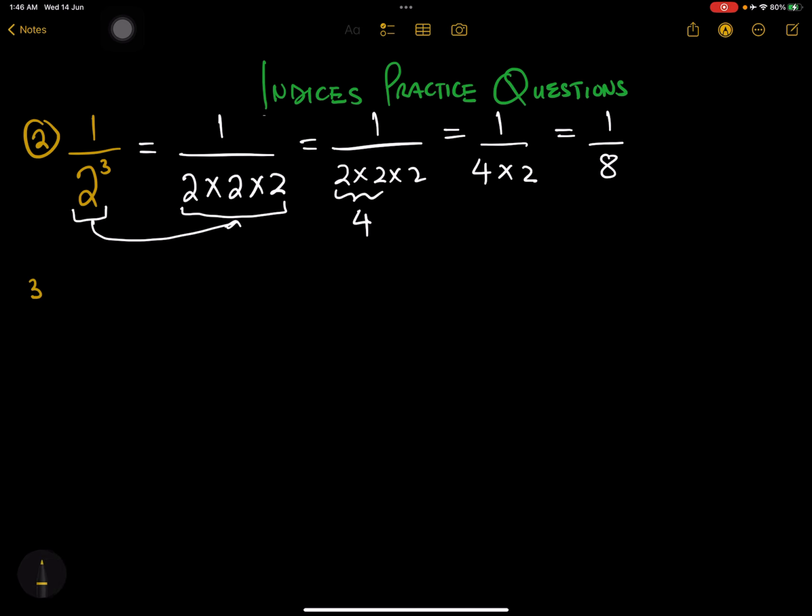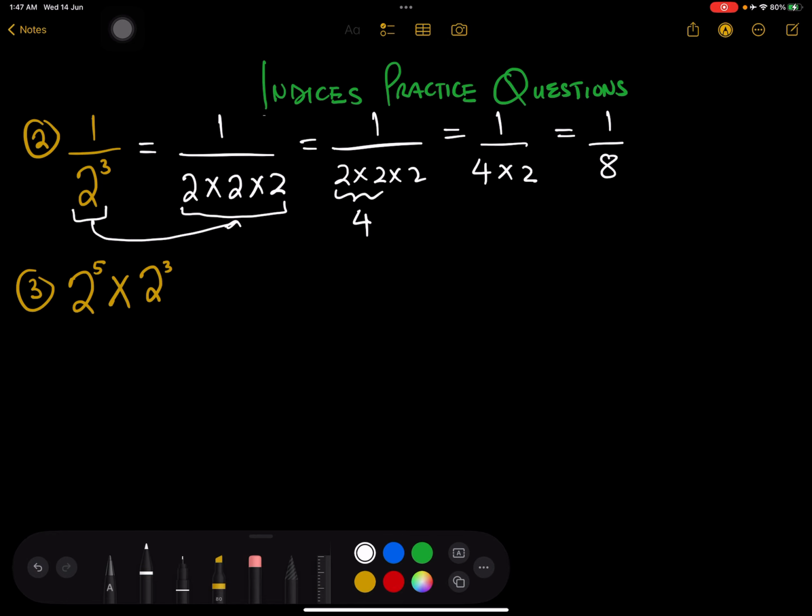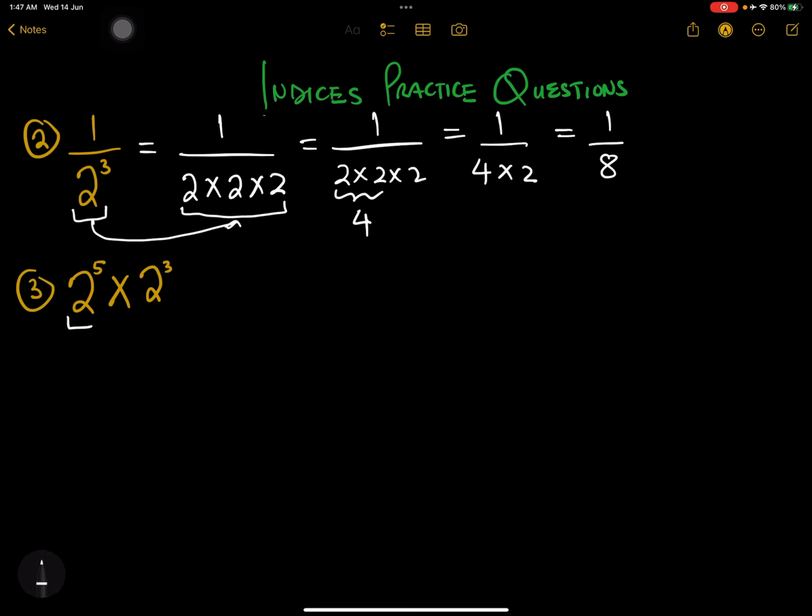Now let's look at the third problem. Let's imagine that we have 2 to the power of 5 multiplied by 2 to the power of 3. If you remember from our laws, this base and that base are the same, and the mathematical sign there is multiplication.